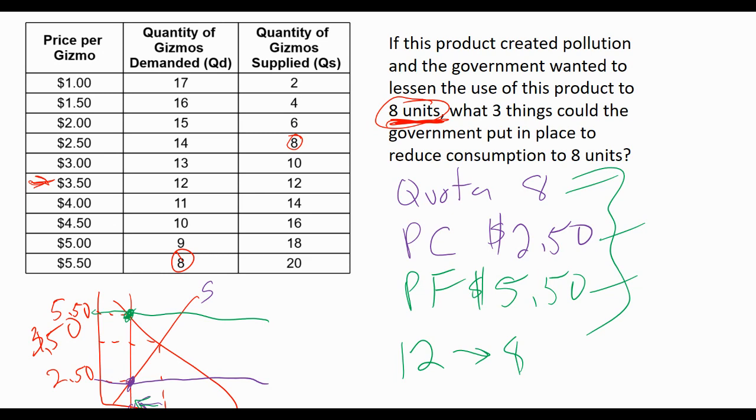They wouldn't do all 3, but they could do one of those 3 to have less of this product within society. And once again, they might do it because of pollution reasons, like it creates some sort of pollution, so they want to lessen that. Okay, so those are the choices that it could do.